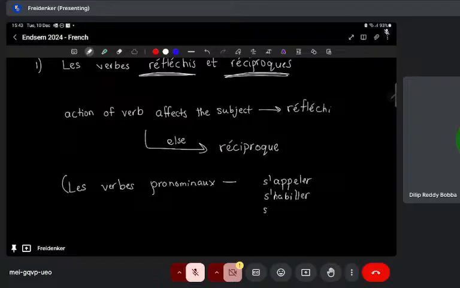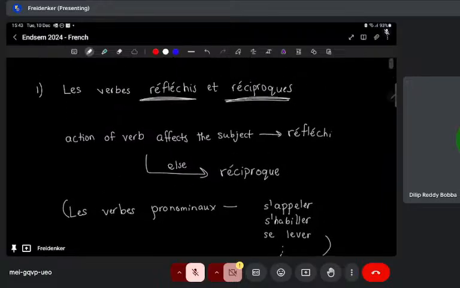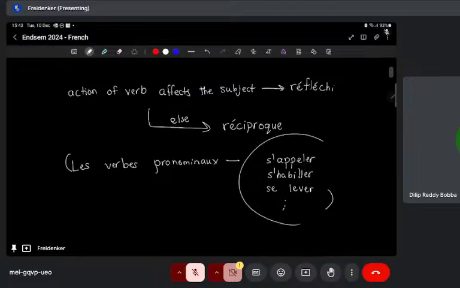Se lever. All the se and s' apostrophe verbs are les verbes pronominaux. The thing is, verbes réfléchis and verbes réciproques will look the same way. Now you're supposed to differentiate which of these are réfléchi, which are réciproque.